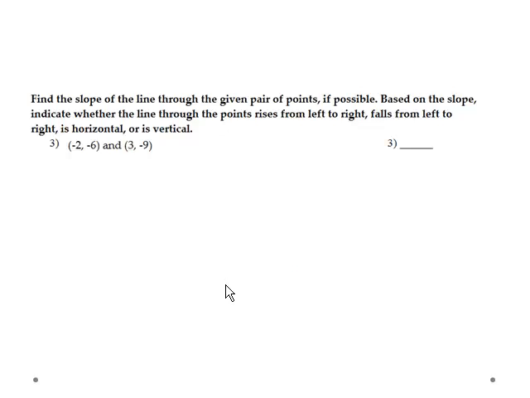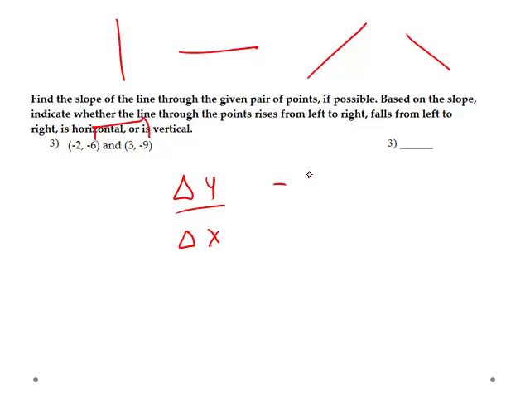Find the slope of the line through the given pair of points if possible. Based on the slope, indicate whether the line rises from left to right, falls from left to right, is horizontal or vertical. All right, so change in Y over change in X. Y2, -9 minus -6, over X2, 3 minus -2.